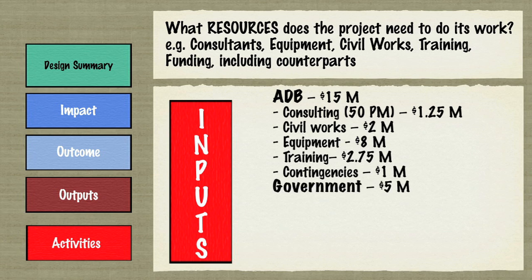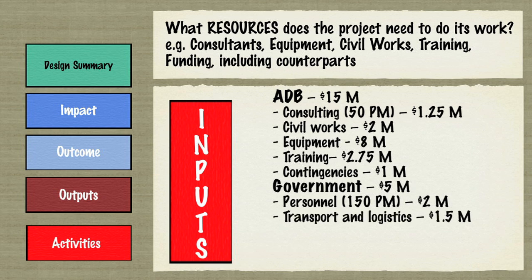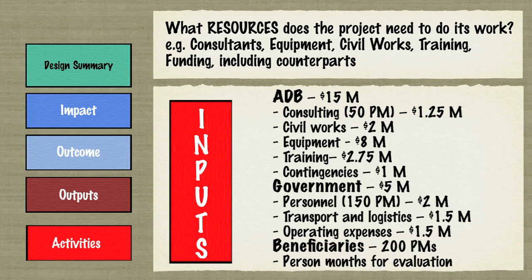Government, $5 million. Personnel of 150 person months, equivalent to $2 million. Transport and logistics, $1.5 million. Operating expenses, $1.5 million. Beneficiaries, personnel, 200 person months, participation in planning, monitoring, and evaluation.